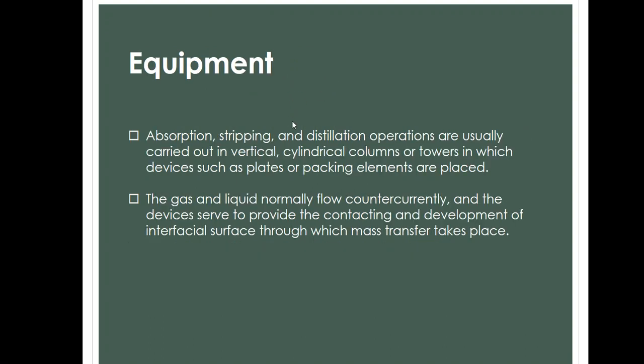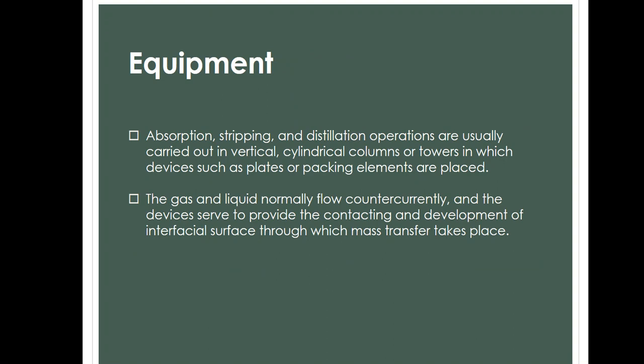Now, absorption, stripping, and distillation operations are usually carried out in tall, vertical, cylindrical columns or towers. In these towers, we may have either structured or unstructured or random packing materials. This we will discuss when we go to the design part of the columns.